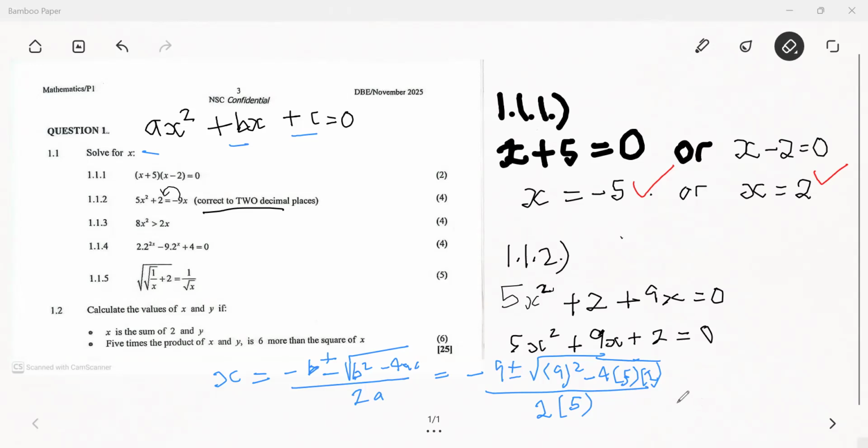Then you simplify this on your calculator, you're going to get two solutions. One solution is x = -0.26, and the other one is x = -1.54. So those are the two solutions you get. Let's just write it neatly.